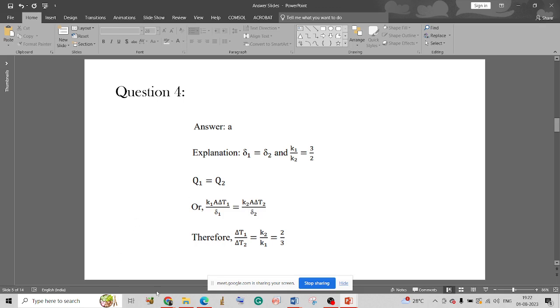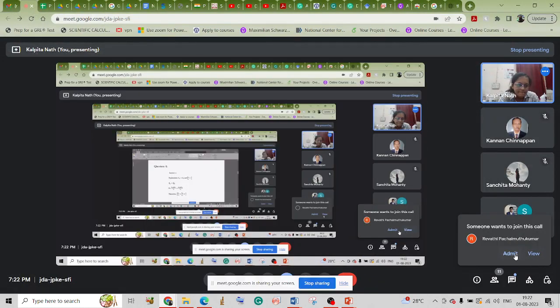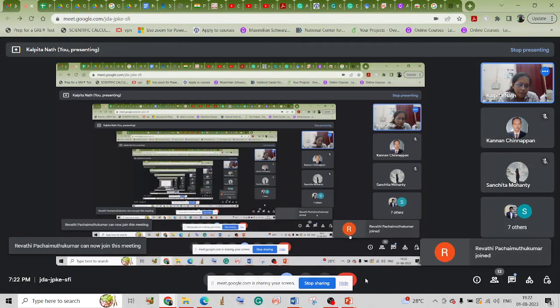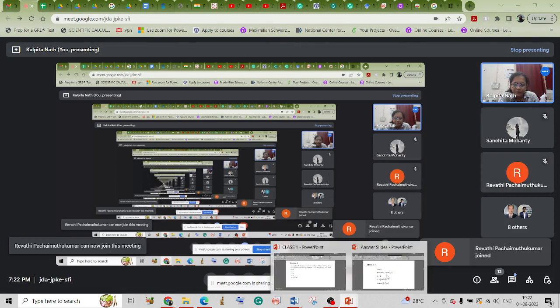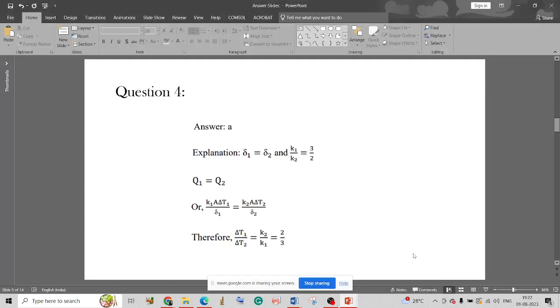So we have just equalized both of them. As it is a composite wall, the surface area will be the same for both of the walls, and the temperature difference we have to find out.